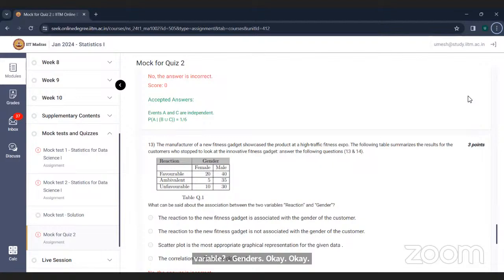What type of variable are they? How many types of variable do we have in data?